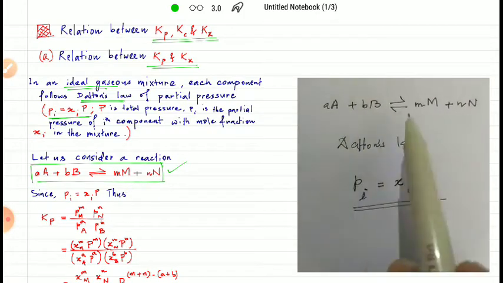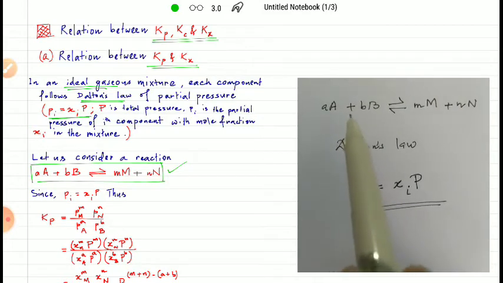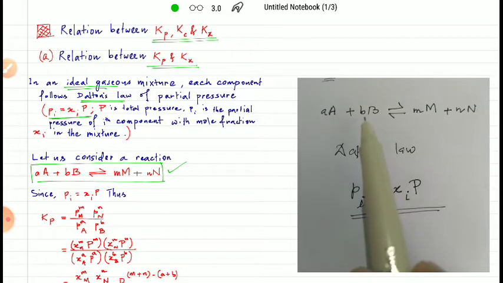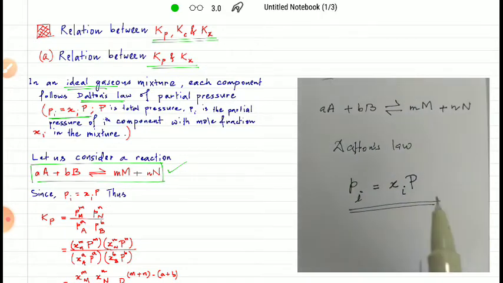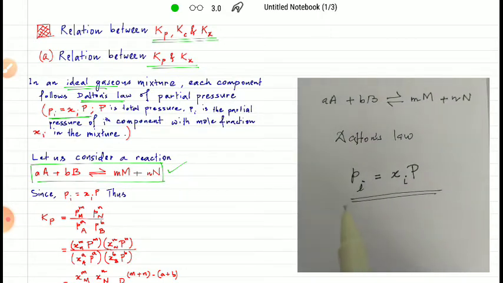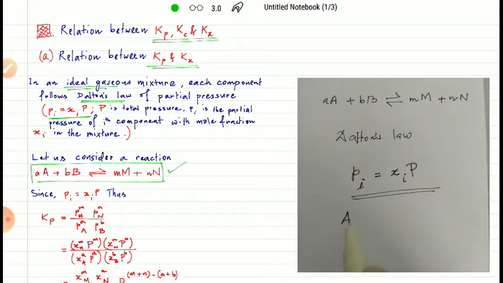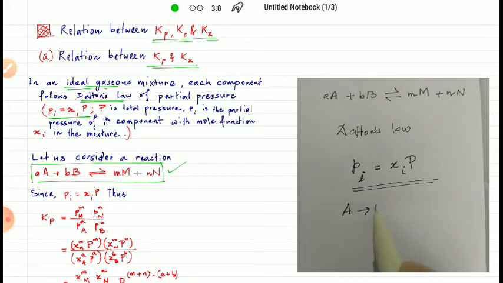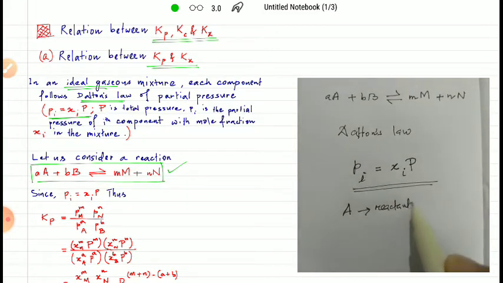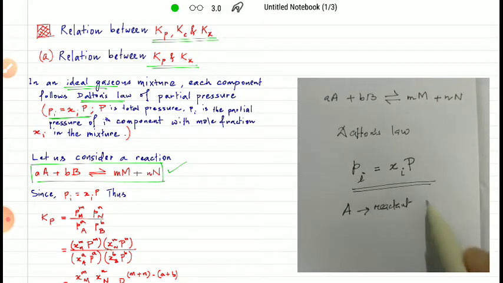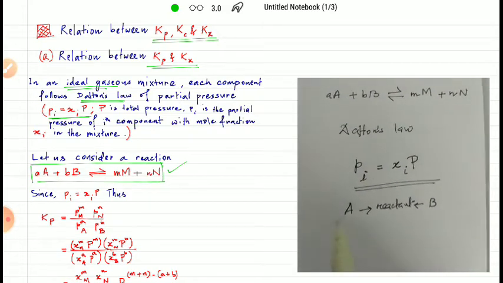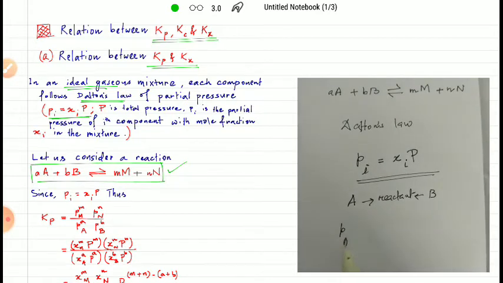But here how many components are there? There are mainly 4 components: A, B, M and N. For A, this is a reactant, no? So reactant A, and B is also a reactant.